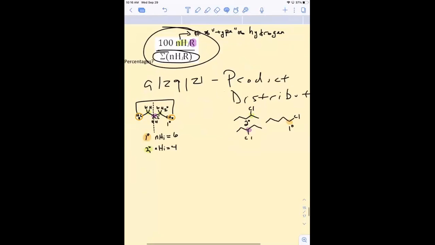All right, is that making sense? Everybody okay so far? Do you see that the purple and the green products are different, even though they both end up on secondary carbons? Yeah. All right, cool.